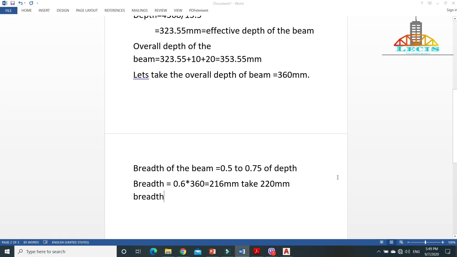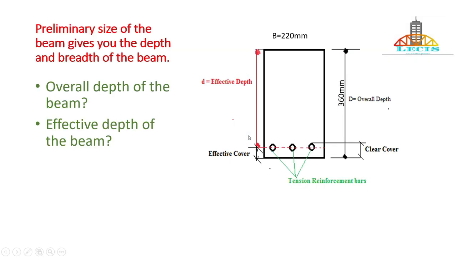I take the breadth of the beam to be 0.6 times the depth of the beam, which equals 0.6 into 360 mm, and it comes out to be 216 mm. So let's take 220 mm breadth. So finally we have breadth equals 220 mm and overall depth equals 360 mm.